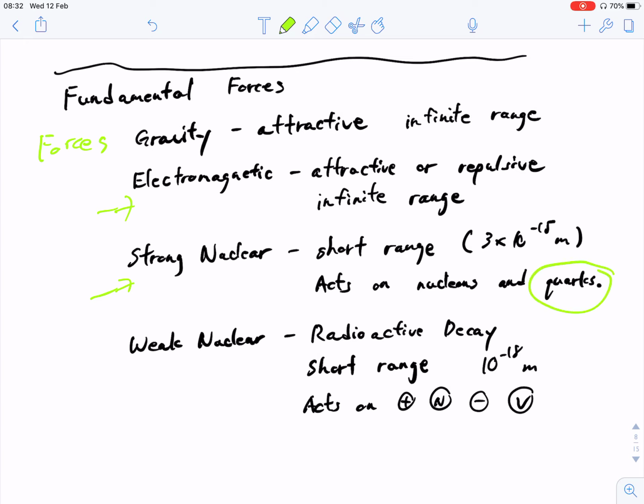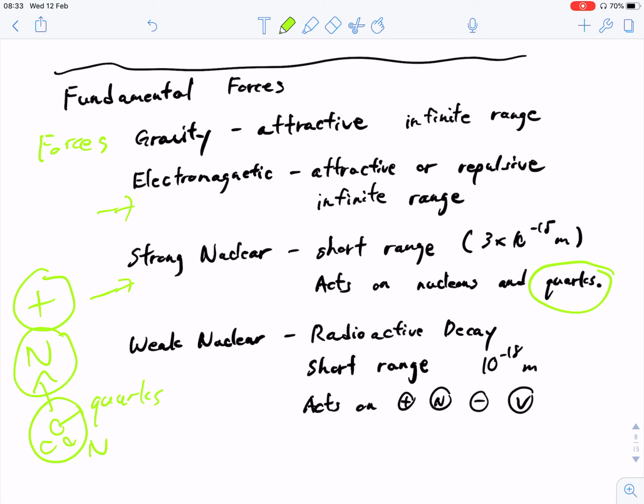So quarks are subatomic particles. Very briefly, inside of, say, a proton or a neutron, there are actually little particles, and those little guys are called quarks, which we'll learn more about later, but that's just a little preview of what is to come.